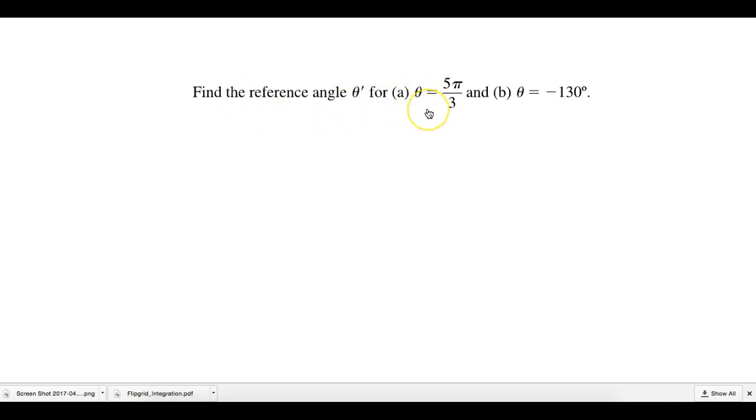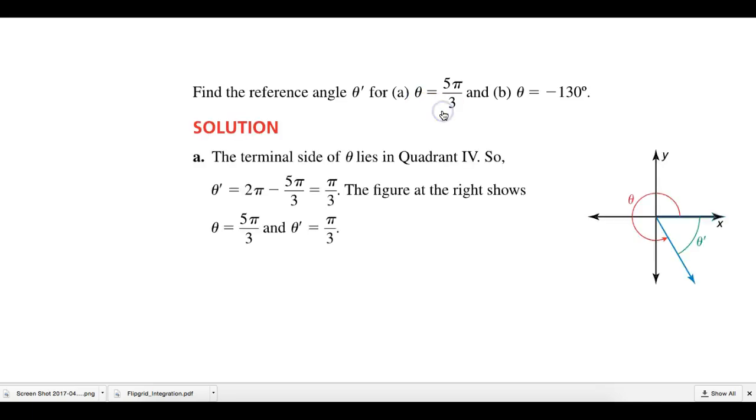Here we've got an angle in radians and an angle in degrees. Let's look at the radians first. Here's 5 pi over 3. That's not quite 2 pi. We take this all the way around, and it lies here in quadrant 4. So our reference angle is going to be the distance from the positive x-axis to the terminal side.